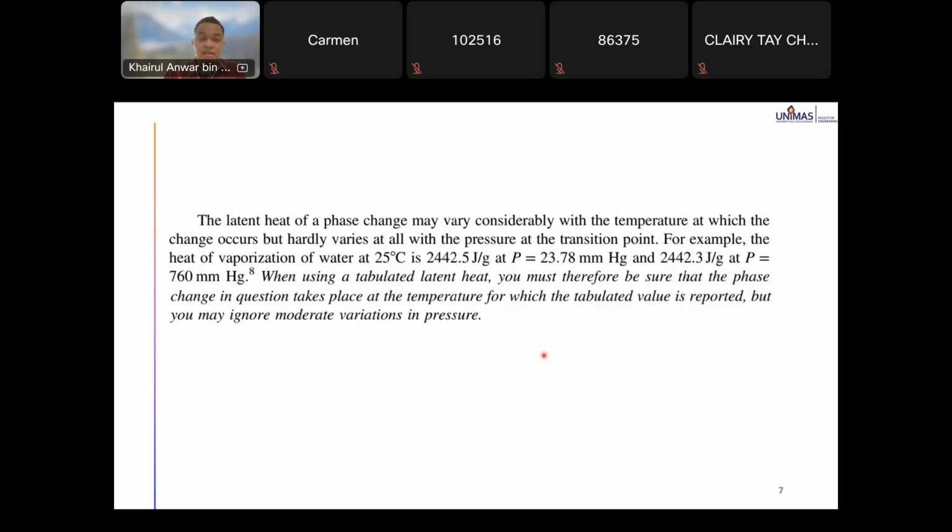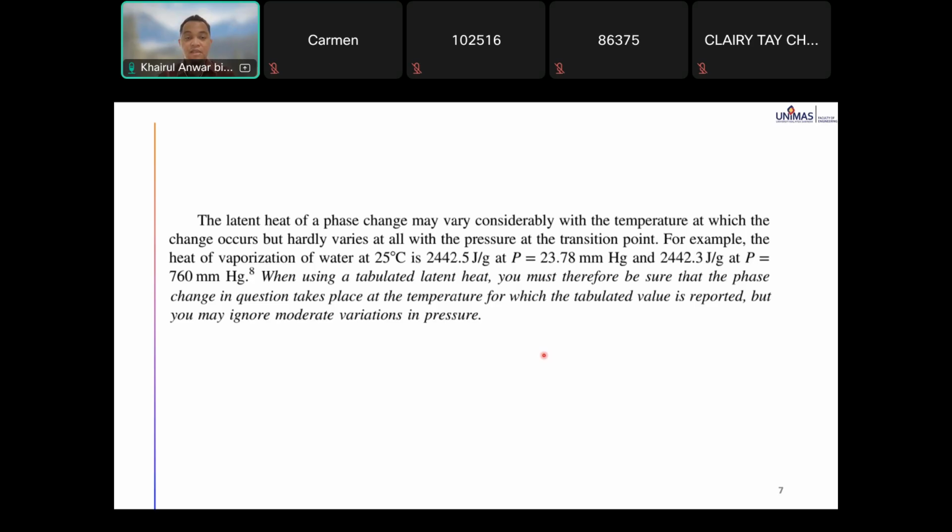Latent heat of a phase change may vary considerably with the temperature at which the change occurs, but hardly varies at all with the pressure. At the transition point, for example, the heat of vaporization of water at 5 degrees C is 2442.5 joule per gram at pressure 23.78 millimeter mercury, and 2442.3 joule per gram at atmospheric pressure.